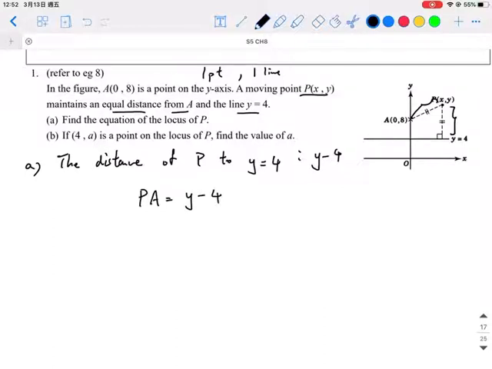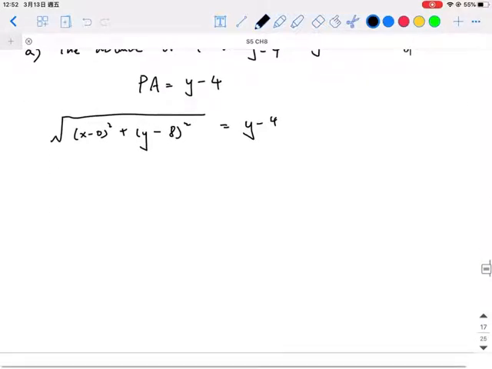So we can write down PA equal to y minus 4, and we can apply the distance point formula. It should be square root of x minus 0 squared plus y minus 8 squared equal to y minus 4.